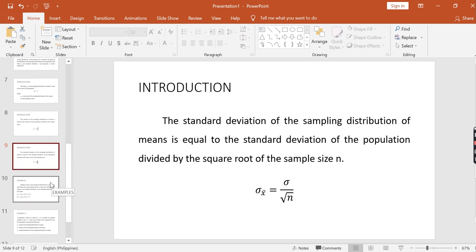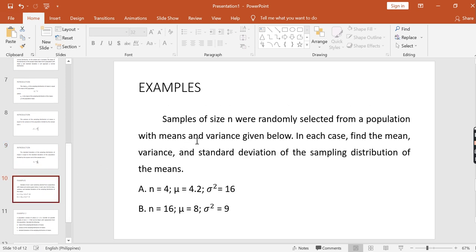All right, so to further clarify things, let's proceed with the examples. Say samples of size n were randomly selected from a population with the mean and variance given below. In each case, find the mean, variance, and standard deviation of the sampling distribution of the means.